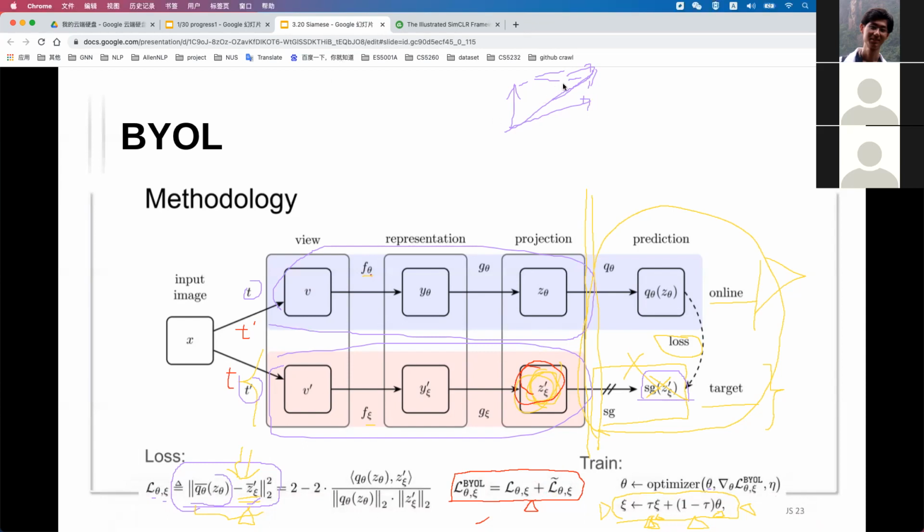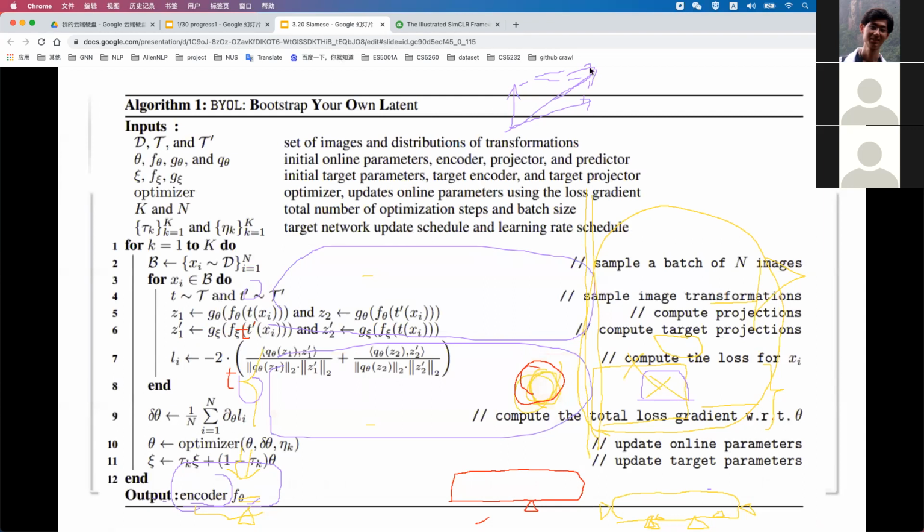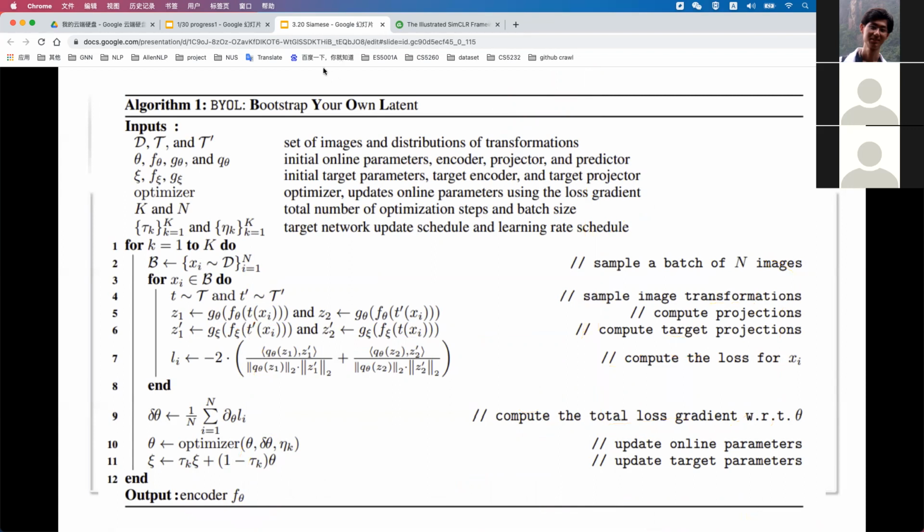Now we look at the algorithm. Here, maybe it is more clear. First is the data set and the data augmentation, and then the parameters in the online branch, and the parameters of the target branch, and the optimizer, the steps, and the batch size. Here is the momentum parameter and the learning rate.